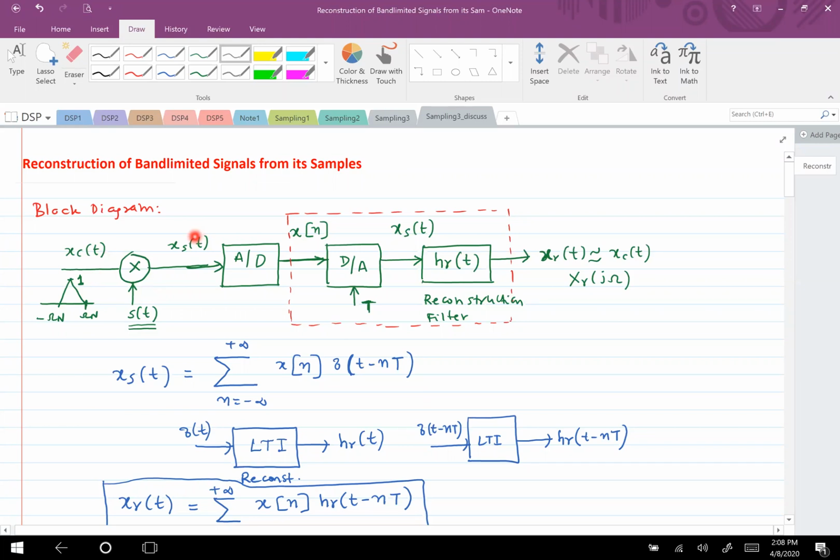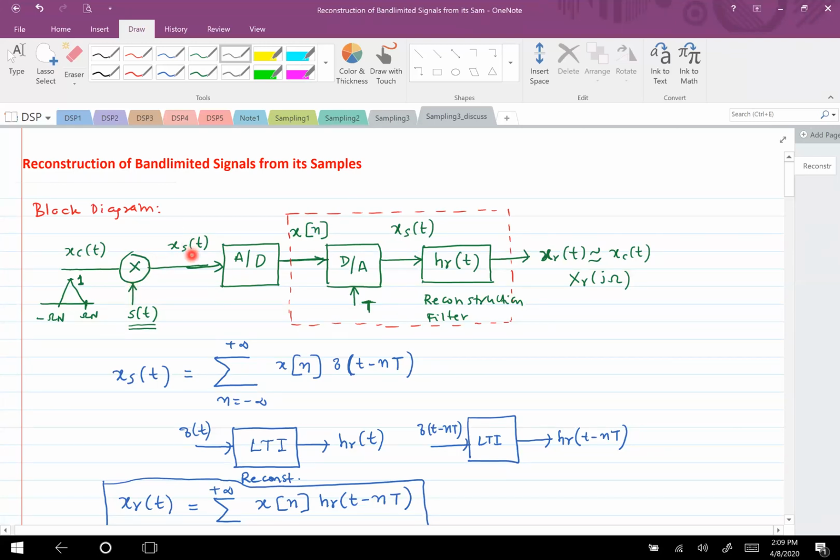So you will have copies of the Fourier spectrum placed at multiples of omega s, where omega s is the sampling frequency in radians per second, which is 2 pi by T. Multiplication is equivalent to convolution in the frequency domain, and there will also be a normalizing factor of 1 by T. That's what we have seen.